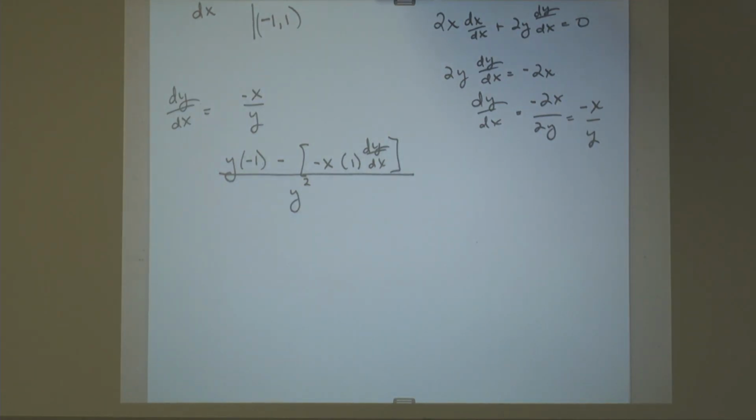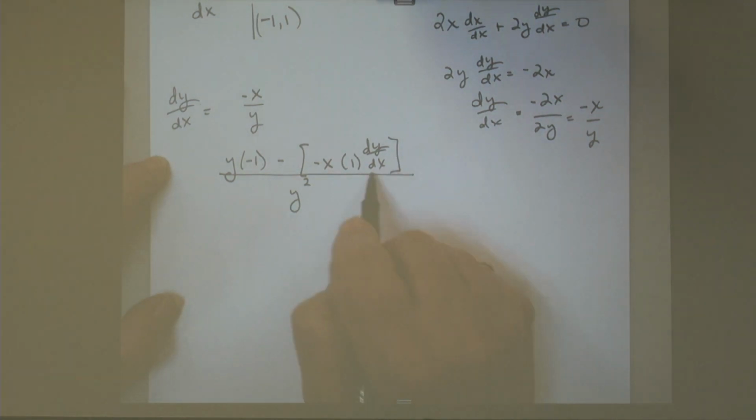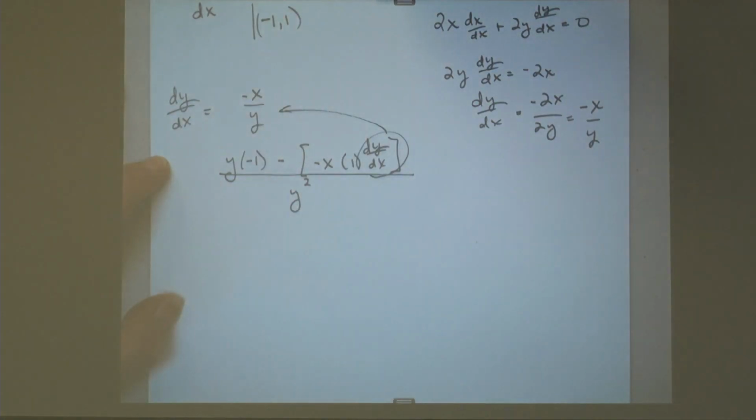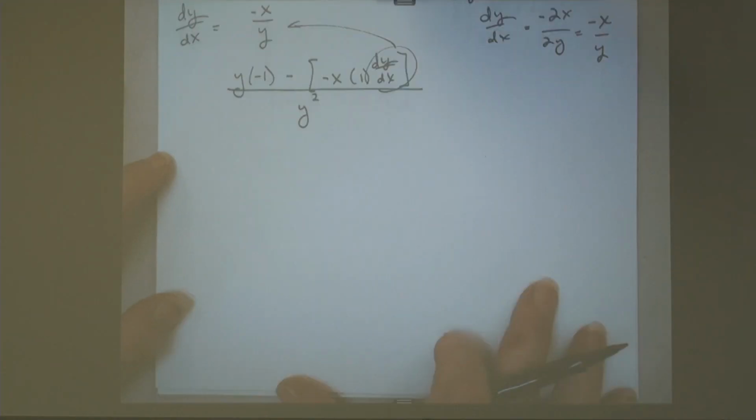So low y, the derivative of negative x is negative 1 dx/dx. The dx's go away. Minus high, negative x, d low, 1 dy/dx. Now you're thinking, well, I'm stuck, except you're really not, because you know what dy/dx equals. So you can go ahead and plug that in.